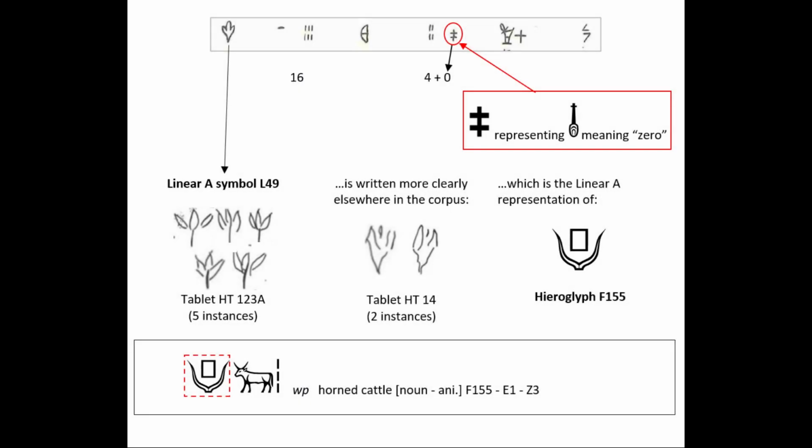We showed last time from the maths how we know that the first item recorded means rams. This was represented by Linear A symbol L49, which was in turn a representation of hieroglyph F155.